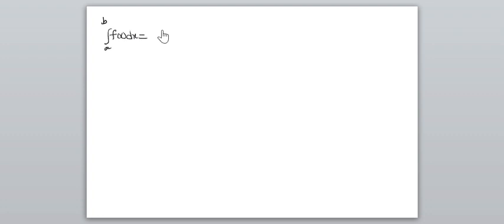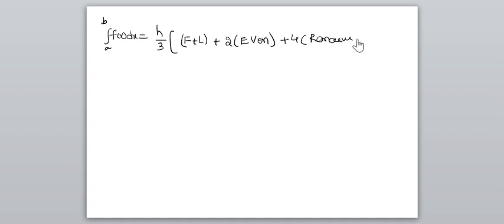In case of Simpson's one-third rule, the formula goes like this: h by 3, first y value plus last y value plus 2 times of even y indices plus 4 times of remaining y values. Now based on this word form, you can easily write the formula for any number of points, doesn't matter.